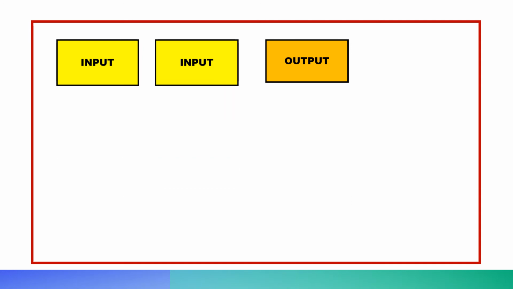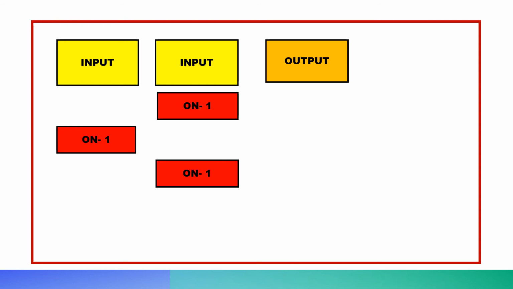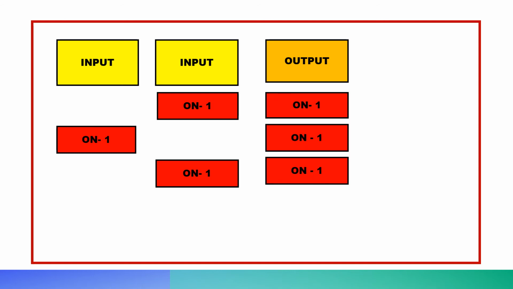Now let us see another circuit with two inputs and one output. In this circuit, if either of the signals coming in as input is 1, then the circuit will flip its output as 1.